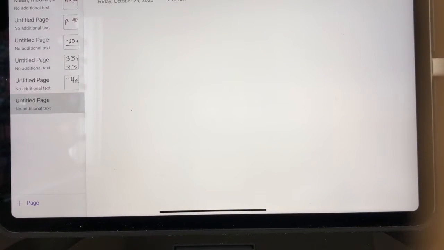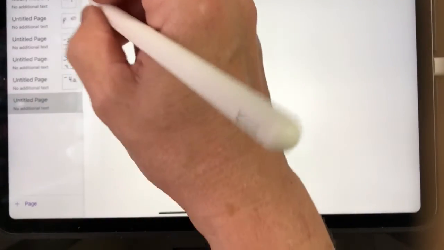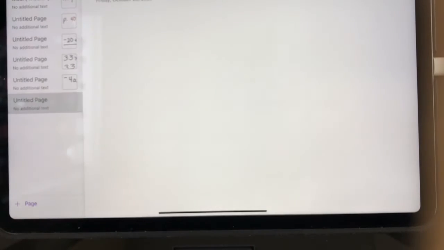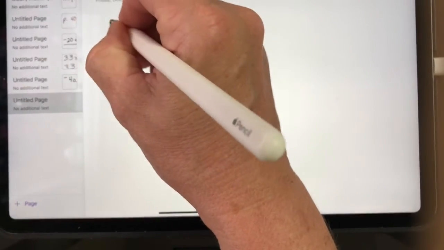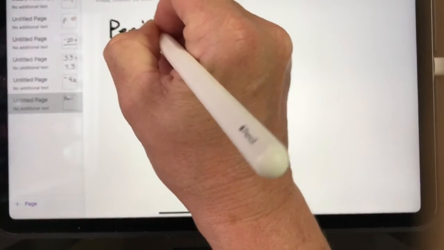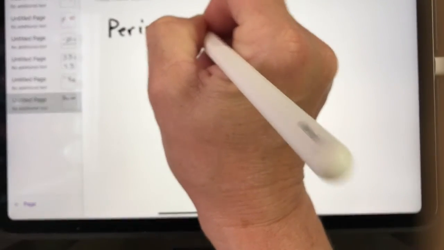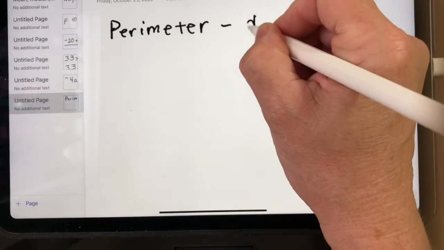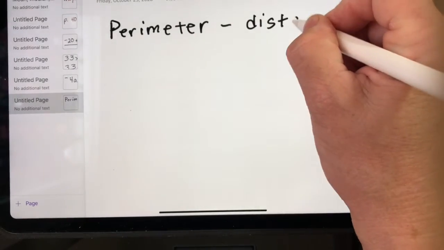Most of us have done perimeter and area before, and we worked on this a little bit yesterday. I want to remind you that perimeter is the distance around a figure.